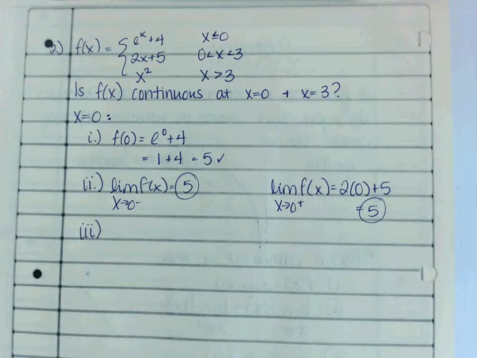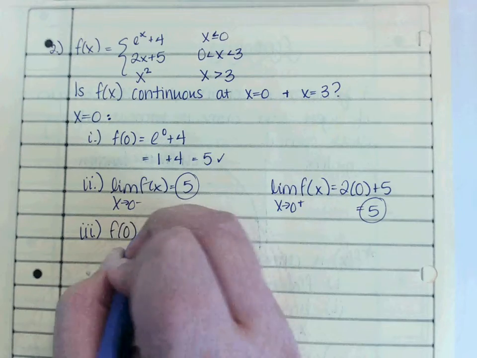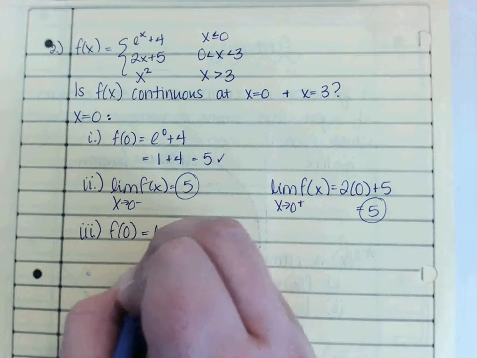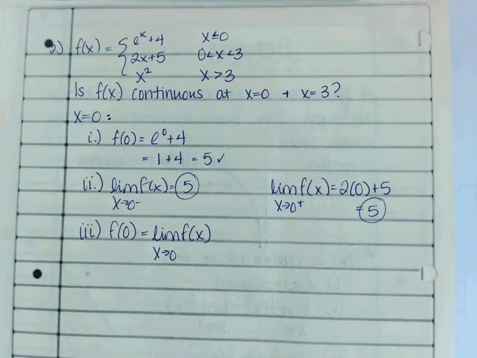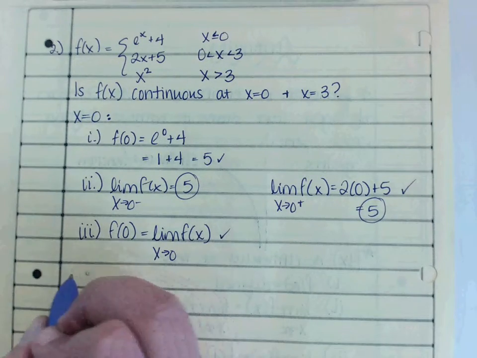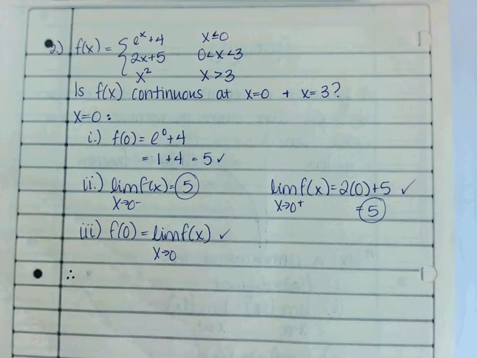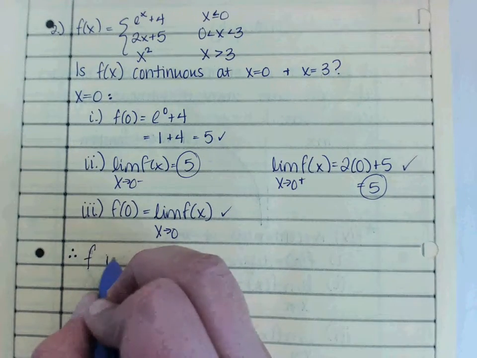Okay, then you just state that: f of 0 equals the limit as x approaches 0. Then what's my conclusion? Continuous or not? Yes. So check, check, check. All checks means yes. So dot, dot, dot, therefore f is continuous.